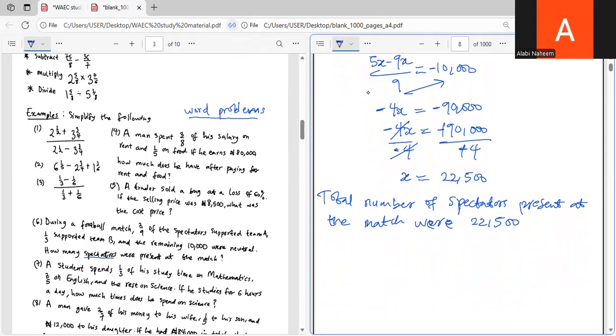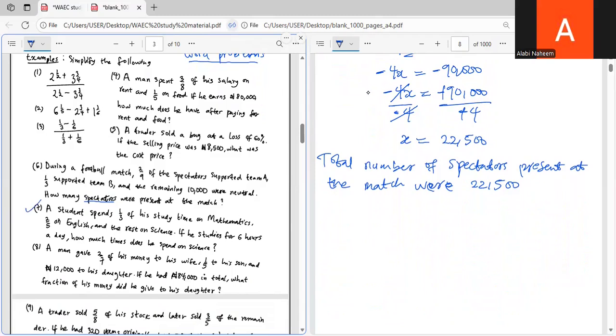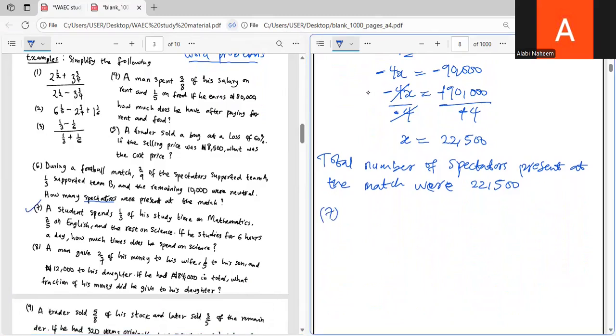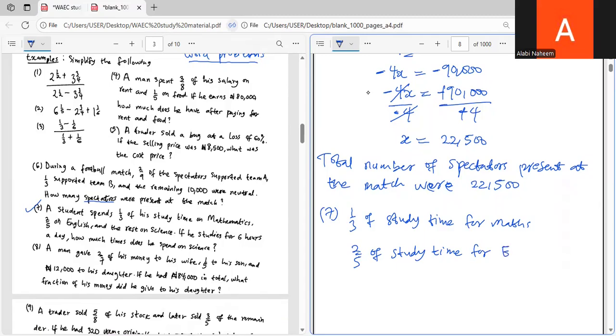So we have this. The next question is question number 7 here. A student spends 1/3 of his study time on mathematics. 2/5 of his study time is meant for English.